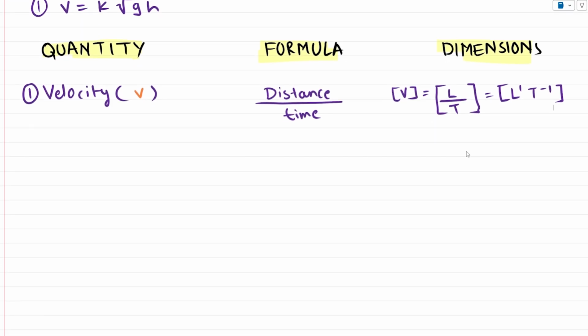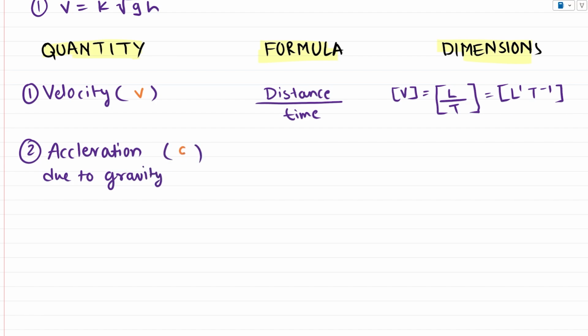Moving on to our next physical quantity, that is acceleration due to gravity. And we denote this acceleration due to gravity using the special term, that is small g. Now, by definition, acceleration is velocity upon time. But although time is a fundamental quantity, velocity is not. So we need to express velocity in fundamental quantities as well.